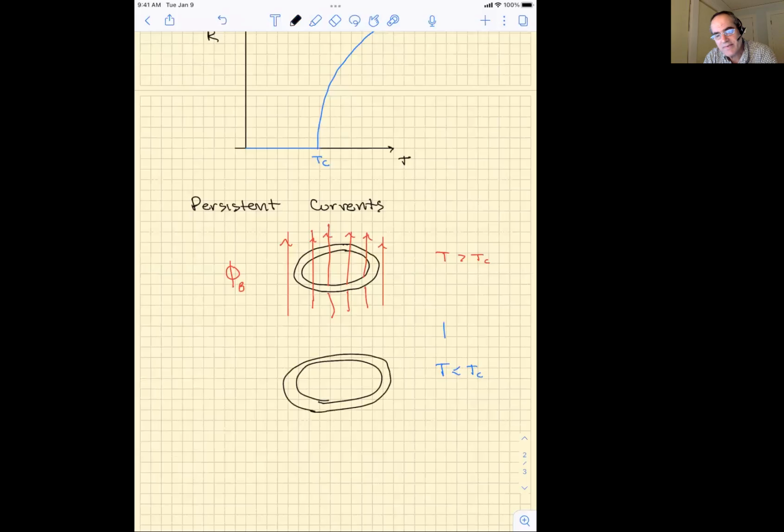And then we're going to do something interesting. Then we're going to remove the external field. And what do you think will happen? Well, of course, what will happen is that the magnetic flux that threads through the ring will be trapped there. It won't go away even when we remove the external field.